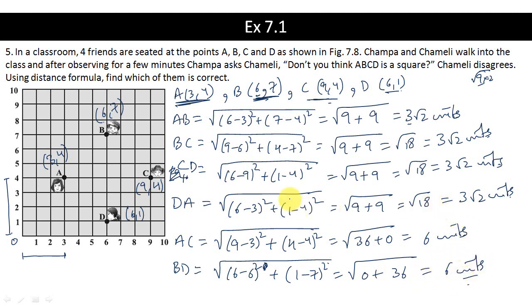So here we can easily see all the four sides are equal and both the diagonals are equal. So AB is equal to BC is equal to CD is equal to DA, and the diagonals AC is equal to BD.